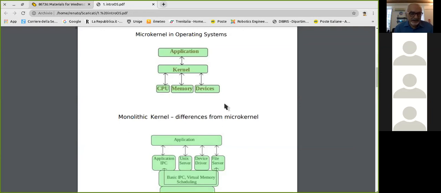What are spaces? They are two modalities of working. Space refers to memory, and in general the kernel memory is separated, with its own addresses, from the user memory.